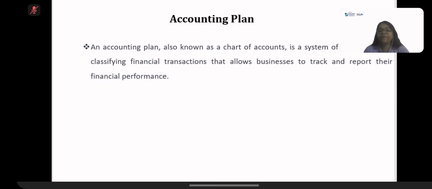Next is accounting plan. अब अकाउंटिंग प्लान क्या होता है? इट इज नथिंग बट अ चार्ट ऑफ अकाउंट जिसमें हम हमारे ट्रांजैक्शंस को ऑर्गेनाइज करते हैं, एनालाइज करते हैं, क्लासिफाई करते हैं ताकि हम प्रॉपरली ट्रैक एंड रिपोर्ट कर सके हमारे फाइनेंशियल अकाउंट्स को। It includes list of account, each of which represents your revenues, your expenses, your liabilities, your equities. Okay?